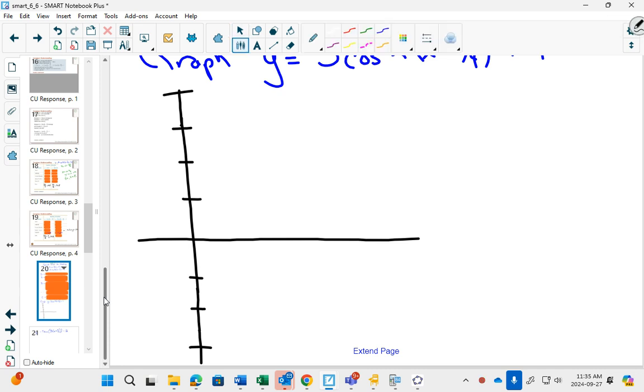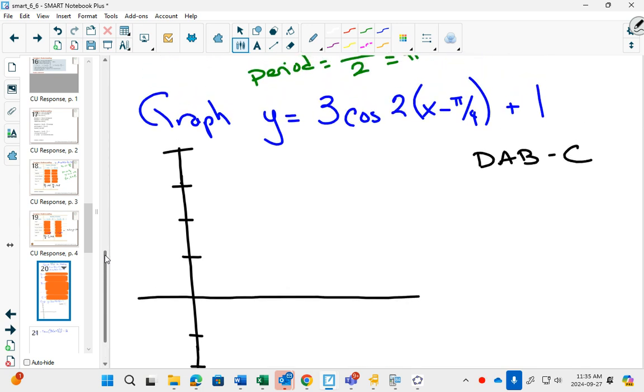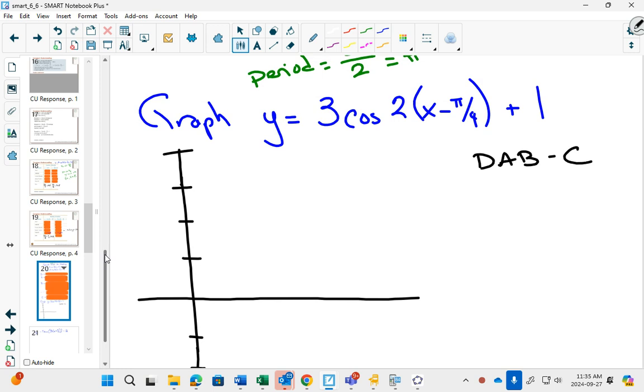And off to the side, I'm going to write DAB-C as the technique that I'm going to use just to remind myself what steps I've done and where I'm at. So in the DAB-C technique, we have to start with our D value.